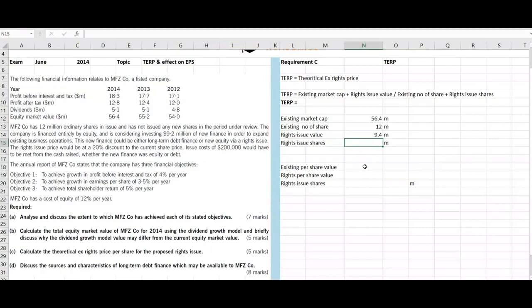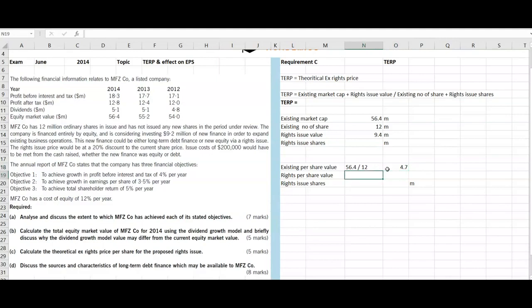So what we'll do is find the existing per share value. That number is again not given, so we have to find it out. It is 56.4 divided by 12 million shares, which gives us the per share value. Okay, so 4.7 is the per share value.